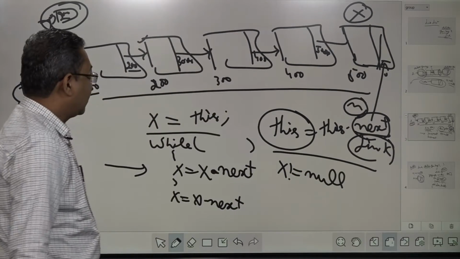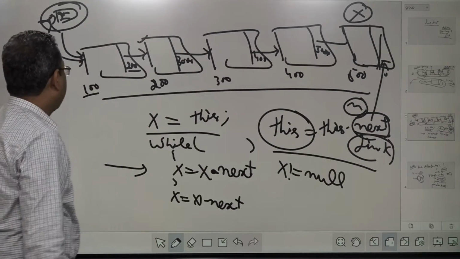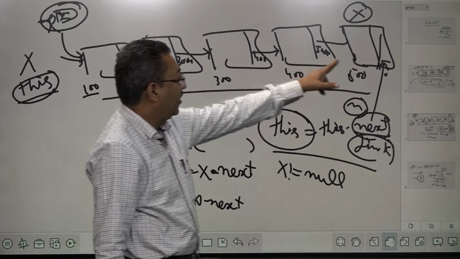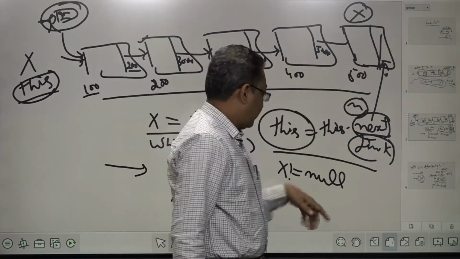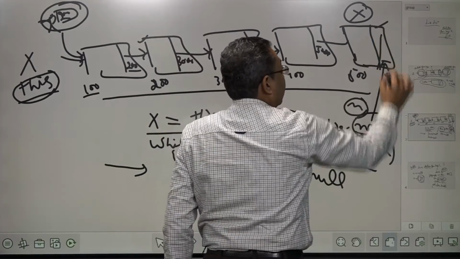In case x is not equal to null, initially x will contain 100, then 200, then 300, 400, 500, and then it will contain null. Right? So x will go here.